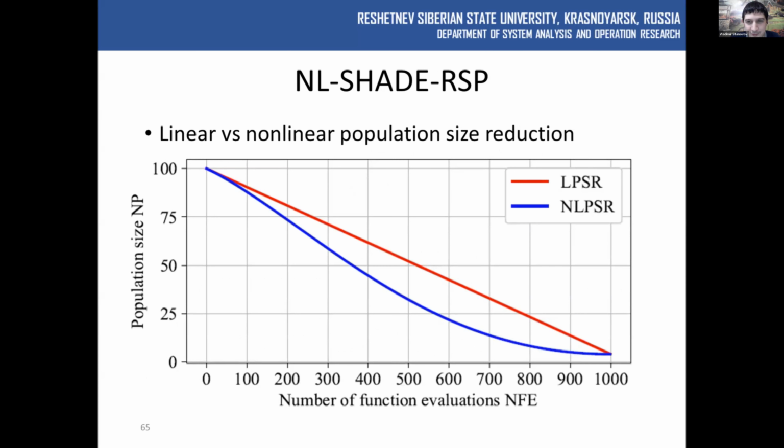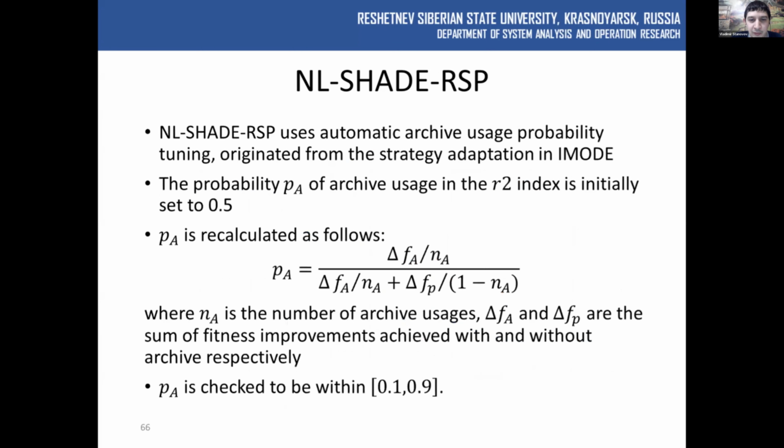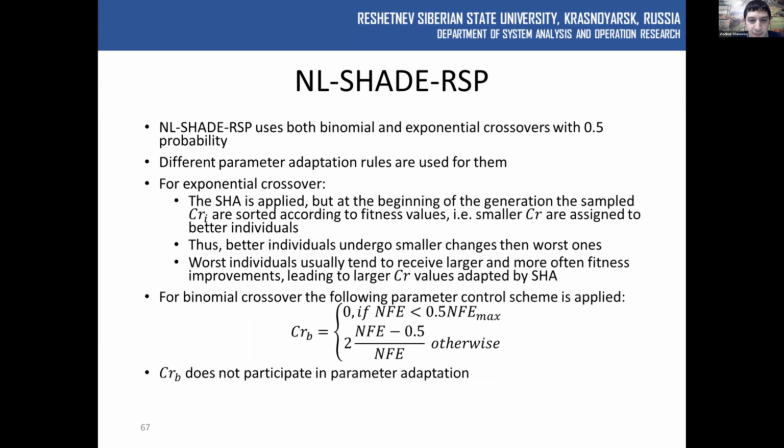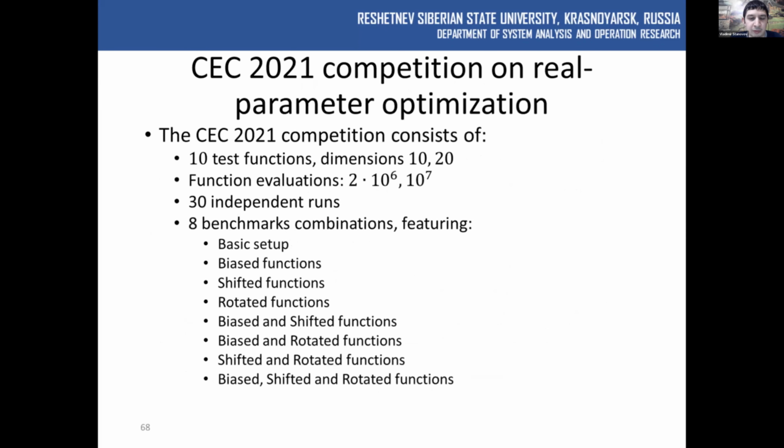As you can see, it's very simple. We use not linear population size reduction, but non-linear. And it actually gave a little bit of a performance boost for the algorithm. There were some other tunings like adaptive archive usage, using probabilities to use the archive or not, and so on. But this is not very interesting at the moment.